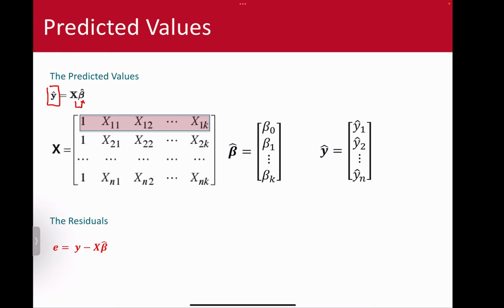So in other words, let's say we have the observations for the predictors for the first observation, and this might be number of hours of study to predict the GPA, this might be something related to the major. And these are the parameter estimates.